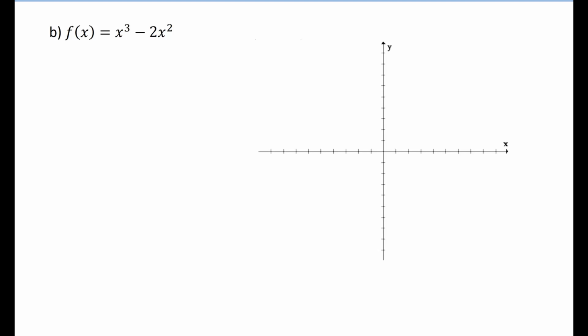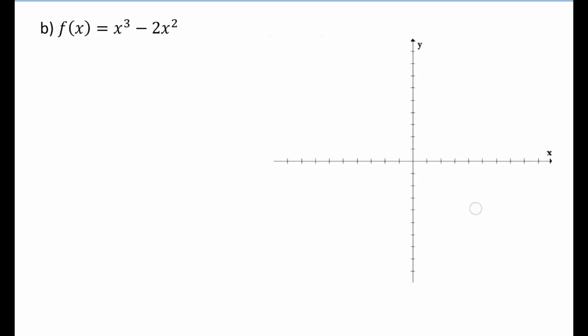All right, so for this one, we have f of x equals x cubed minus 2x squared. All right, and so again, we said, what do we want to determine? End behavior. Okay, what degree is this function? Third degree.